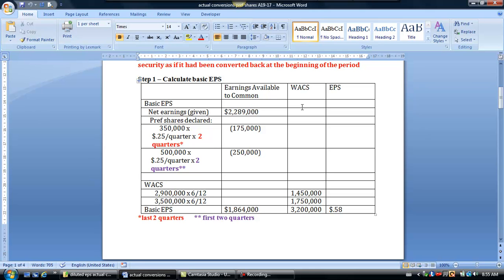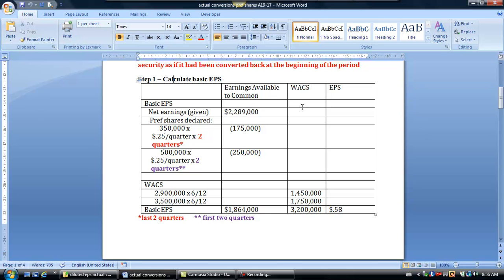In our question, it says that 150,000 preferred shares on July 1st were converted. So that must mean that we had 500,000 before conversion, right? So we wound up with 350,000 at the end of the year. That's in the question, right? The first bullet tells you that 150,000 were converted on July 1st.